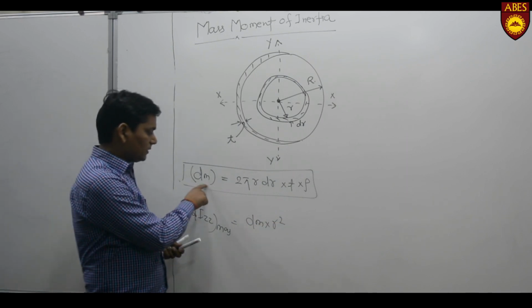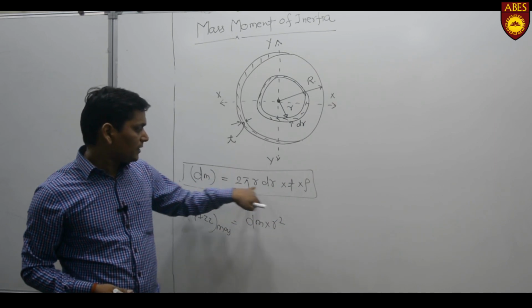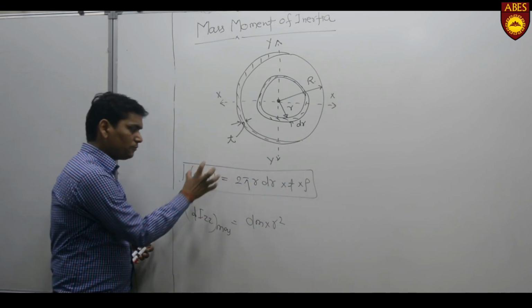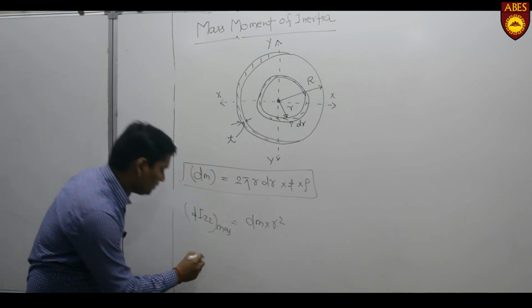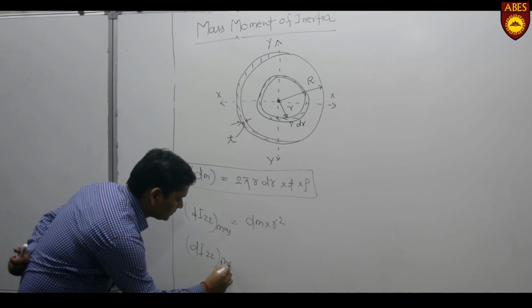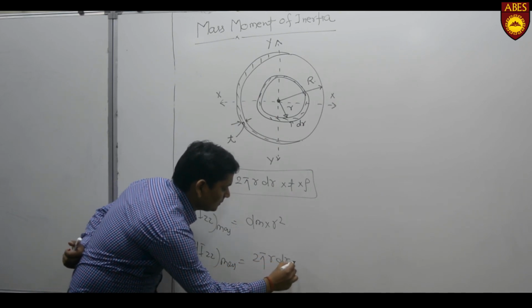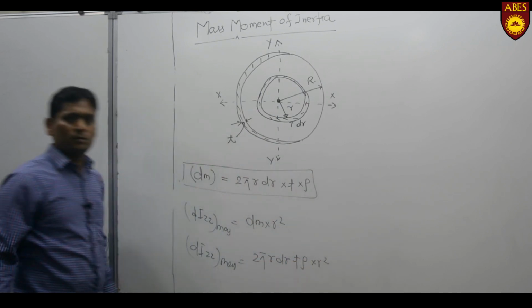We know that the dm of the small strip is 2 pi r into dr into t into rho. Putting the value of dm in the equation, we get dIzz mass equal to 2 pi r dr t rho into r square.